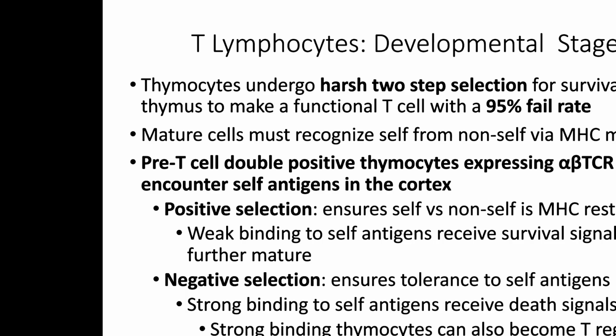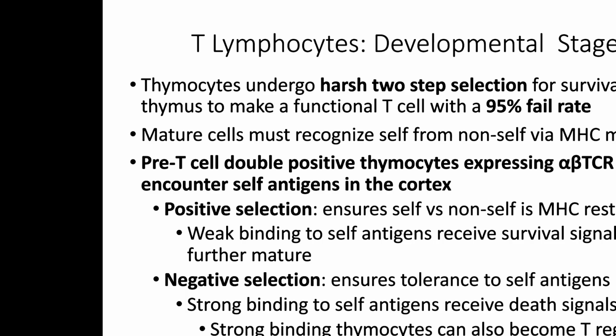In order to undergo positive and negative selection, we're talking about these two processes. Positive selection means that you are making sure that self and non-self is able to be recognized, that it's able to weakly bind to these self antigens and also ensure that we're looking at the right class of receptors.